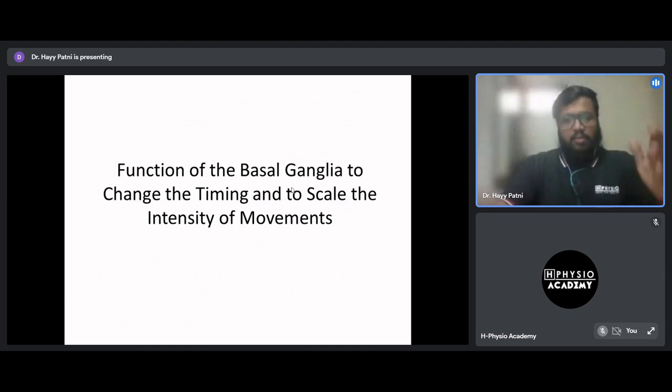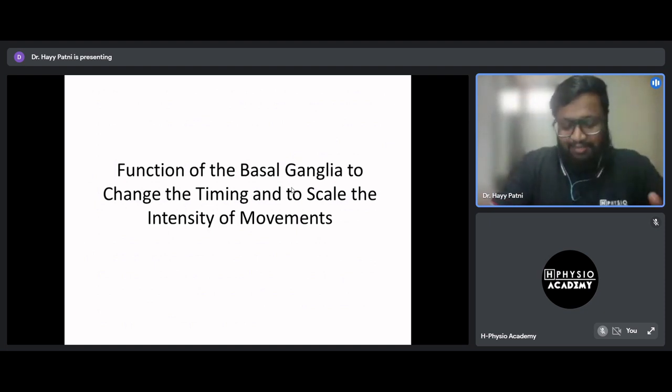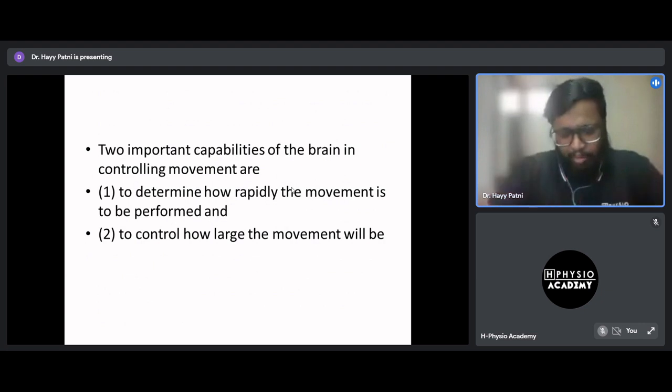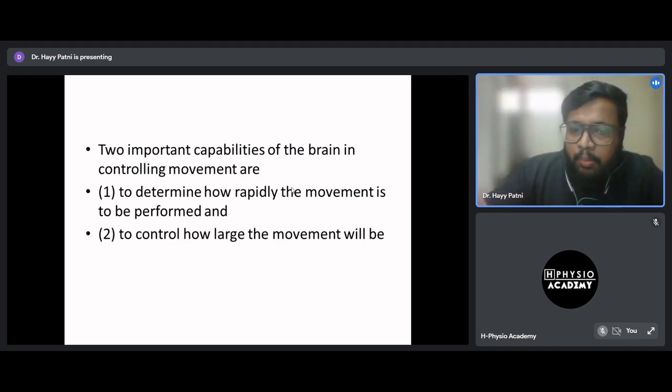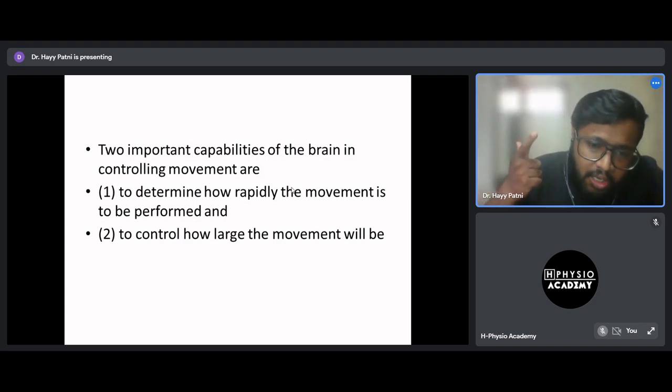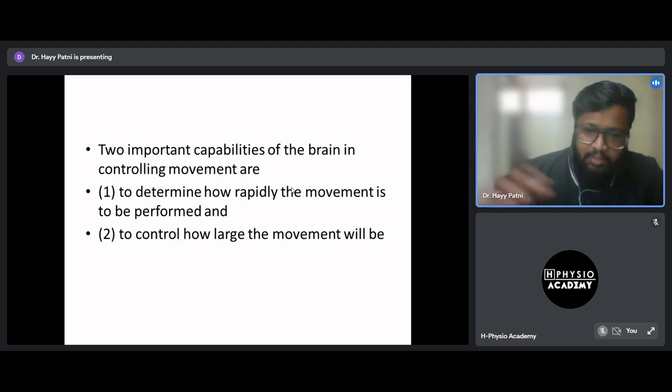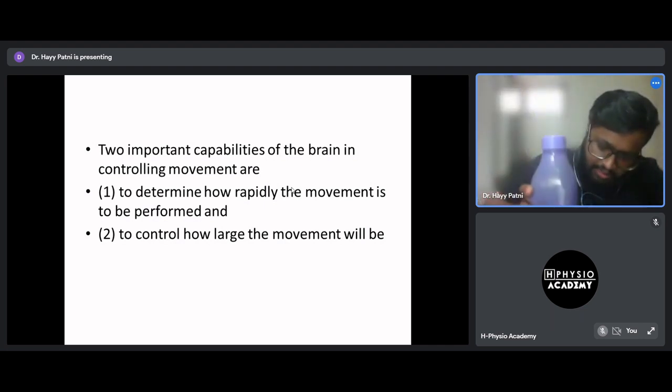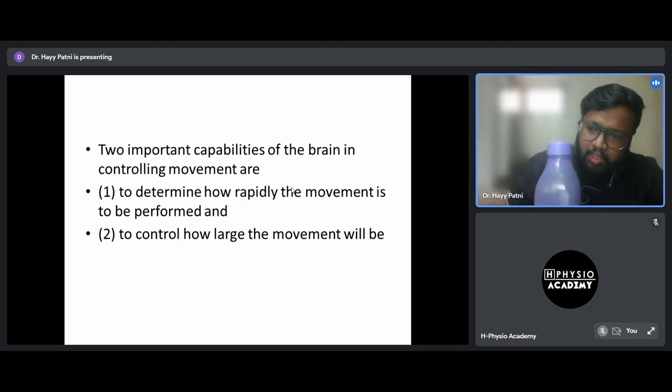All right, so let's move on to the timing and scale of sequencing. Two important capabilities of the brain in controlling movement are to determine how rapidly the movement is to be performed and how large that movement will be. Most of our therapists will use the word coordination.